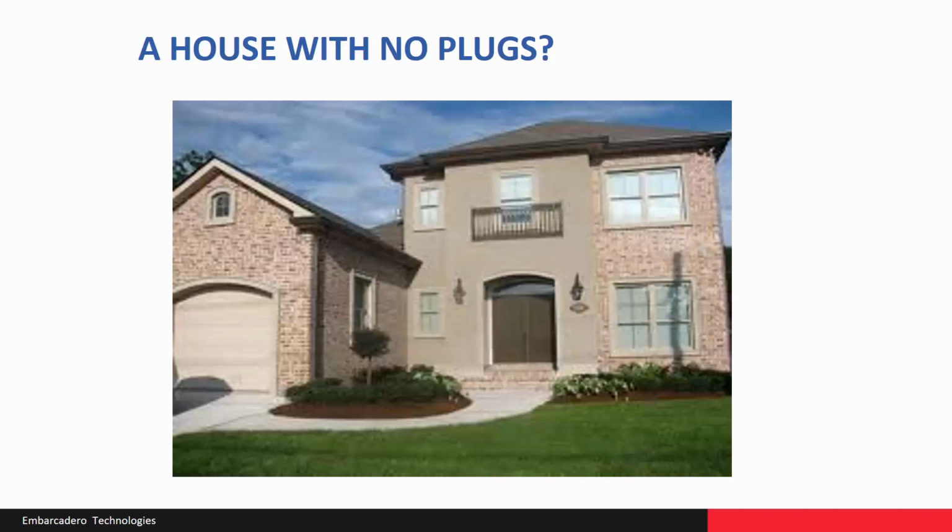And without that electrical plug to plug in items, you lose a lot of functionality and a lot of capability and a lot of flexibility to change things from one to another. You need to unplug your vacuum cleaner to move it from room to room. You wouldn't want it hardwired into a wall socket in the basement. So a house with no plugs is like a house without dependency injection.